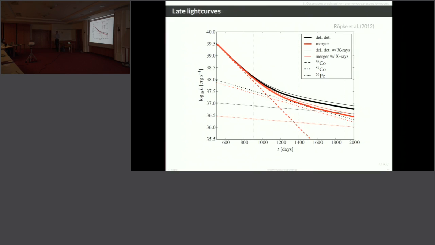And this is predicted again to be different in these explosion models, whether or not you have a Chandrasekhar mass explosion. So just taking two measurements of the bolometric late light curve, say at 900 days after explosion when you are still dominated by the nickel decay, and 1900 days after explosion when you are dominated by this iron 55, cobalt 55, manganese 55 decay chain, just taking this ratio should tell the models apart. The problem is getting data points for these late light curves, 1800 days after explosion. That's nearly impossible.